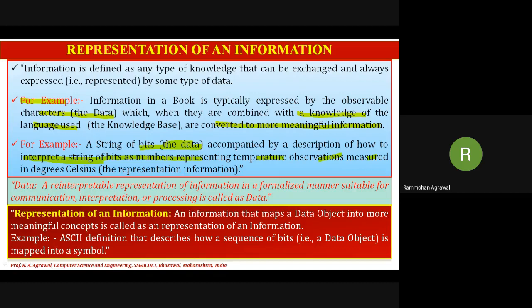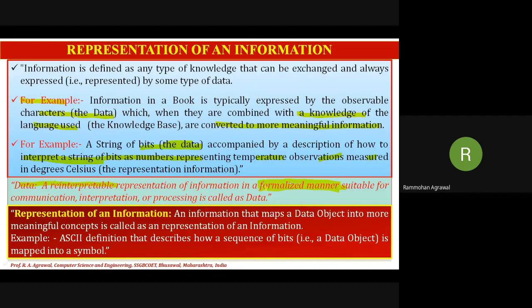Okay, so if you understand again the difference between information and data, data is a reinterpretable representation of information in a formalized manner, meaning it has been processed, and that is why it is in a formalized manner. Now there are some criteria for how the information is processed and what type of data is required.